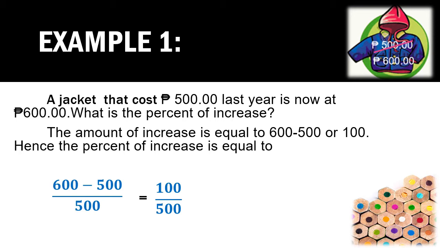So you will divide 100 by 500. That is 2/10. Change this decimal to percent. Again, to change it to percent, we will multiply it by 100, or we will use the shortcut method. Move the decimal point 2 decimal places to the right. So that is 20%.